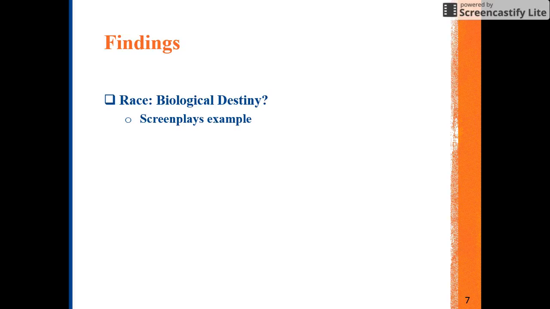Also, it indicated that students in general related skin colors with different races and believed they are generally white, black, and yellow. They also strongly believe that there are certain personalities and traits related to different ethnic groups.